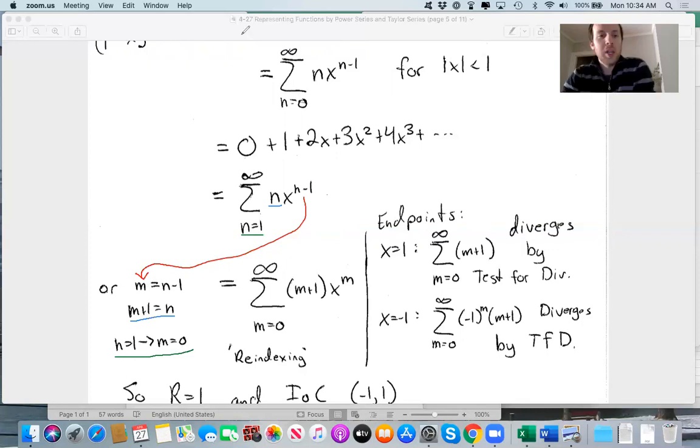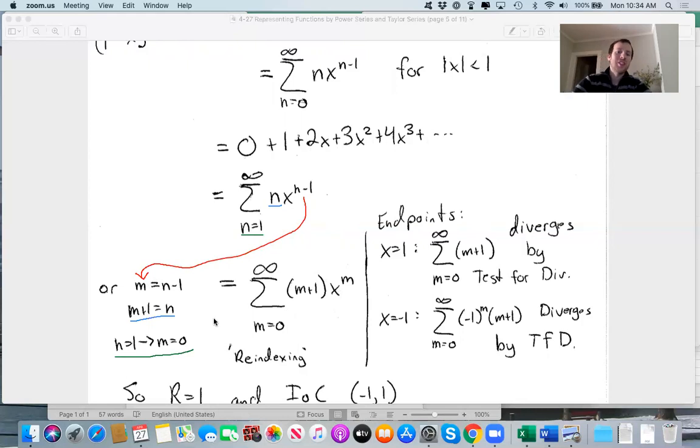So what we're doing is we're going to rewrite this series starting in a different place with different looking coefficients and different looking exponents. But if you actually write out these series, you'll see that you write out exactly the same terms. The n equals 1 term here corresponds to the m equals 0 here. The n equals 2 term will correspond to m equals 1 here. And in both cases, this is the series you're going to write out: 1 plus 2x plus 3x squared plus so on.